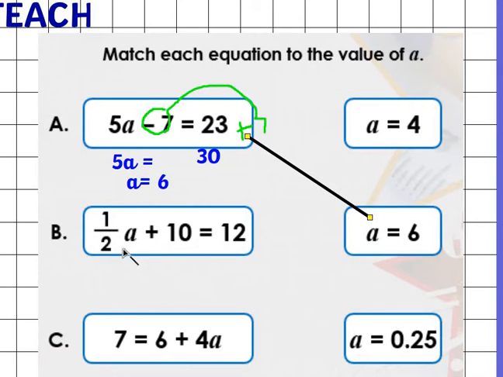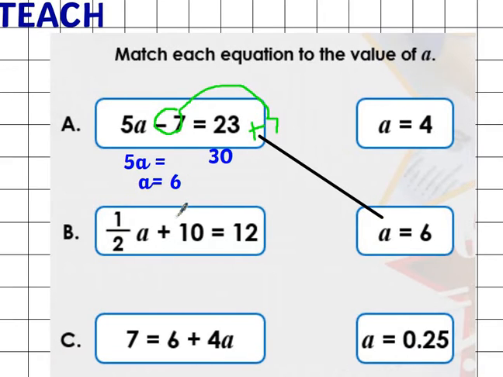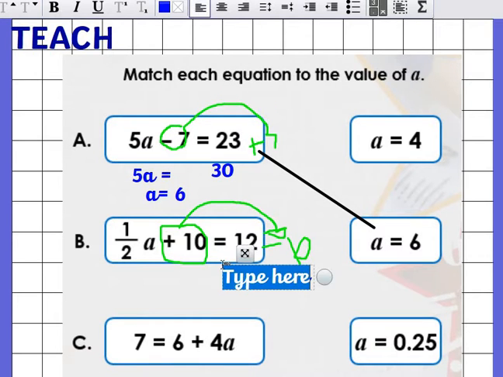Next one, a half a plus 10 equals 12. So again, we move it round. We take this plus 10 and move it this side of the equation and it becomes minus 10. So we have 12 minus 10, which equals 2.